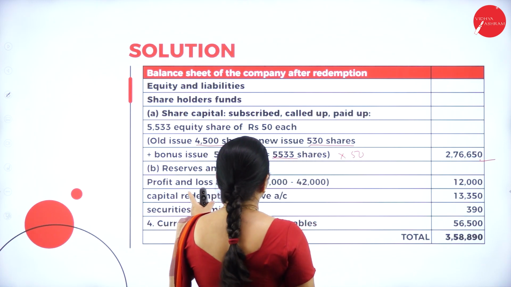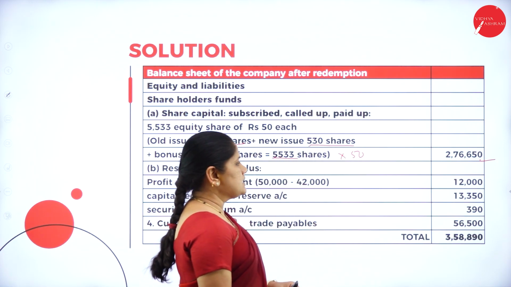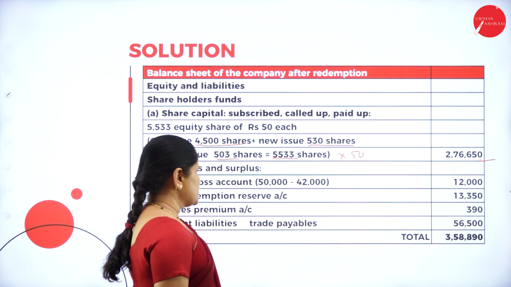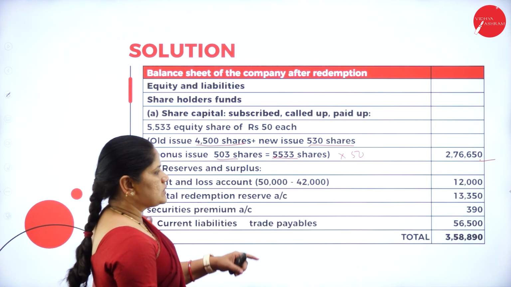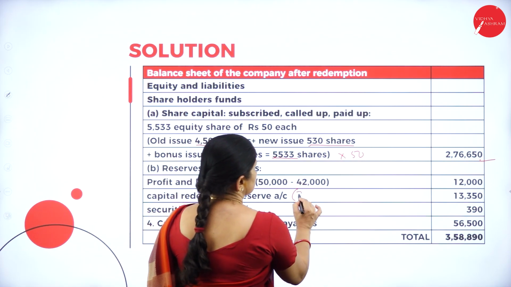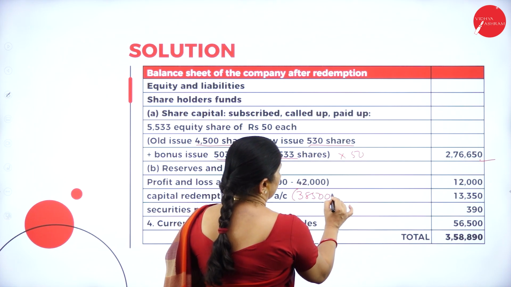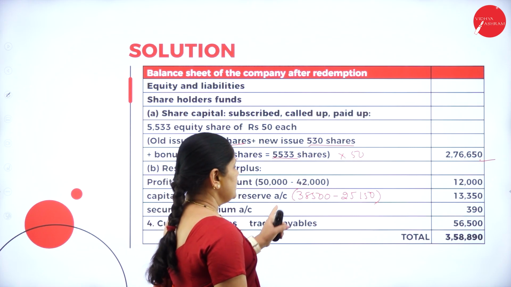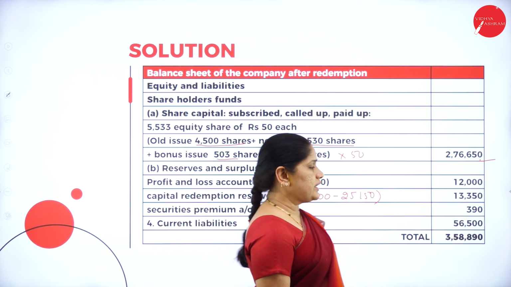Then from the profit and loss account, I leave a balance of 12,000. 42,000 has been used. The balance is 12,000. Capital redemption reserve: out of the capital redemption reserve of 38,500, I have made use of 25,150. So the rest of the balance I have written here.